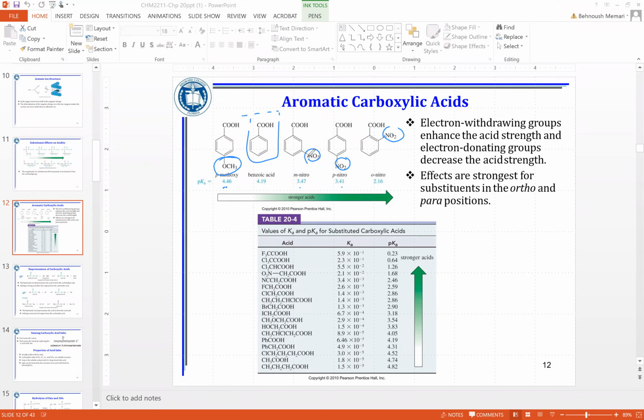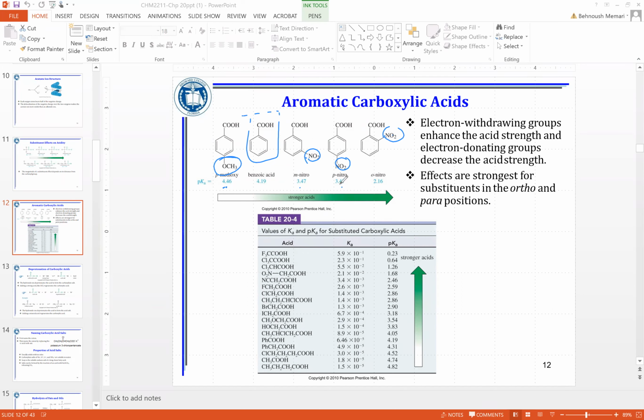So if it's in the meta position, it's not very effective. Remember, with activating and deactivating groups, if they are in the ortho and para positions, the effect is more significant. So if it's in the meta position, it's going to increase the acidity, but not as much as ortho and para.